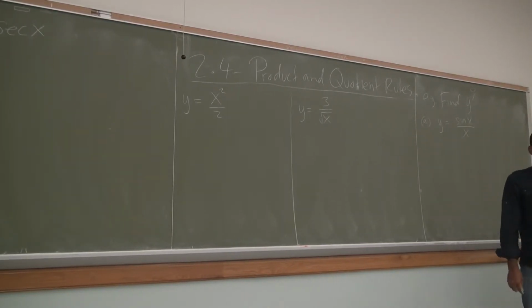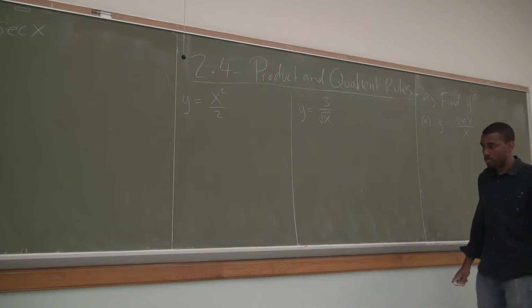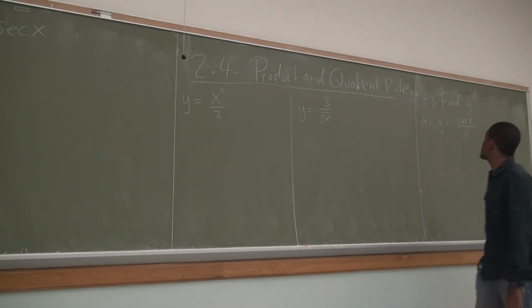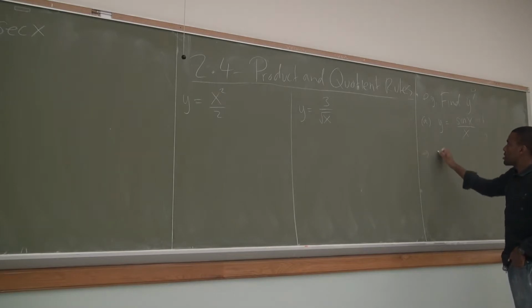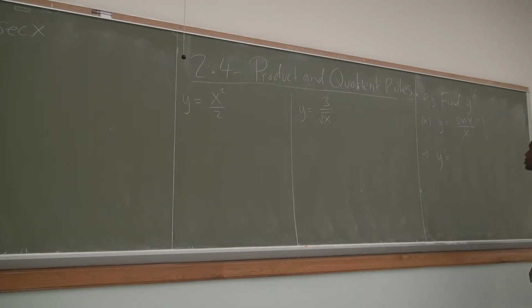How do you find the derivative of this? Sin x over x. Well, you think of this as the f, you think of that as the g. So y prime is equal to f prime times g.